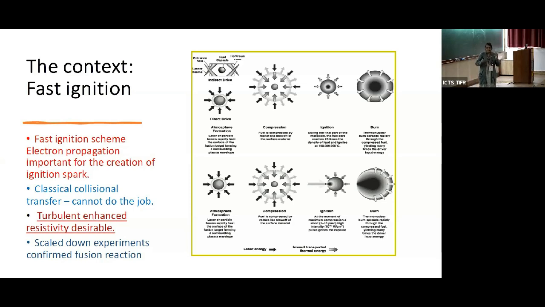So what one designs is that the laser produces shocks, and these shocks then join, and at the center will create a temperature of about 10 keV, and the fusion burn wave will then burn the entire fuel.